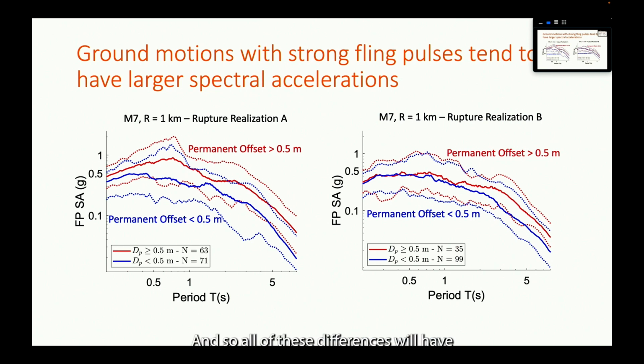And so all of these differences will have substantial impacts on the structures, and it's important not only to connect them with the structure's impact, but to connect them with the causes in the simulations as well, so that we're aware of what parameters in the simulations change substantially the properties of the shaking characteristics and then propagate into substantial impacts on the structural demands as well.